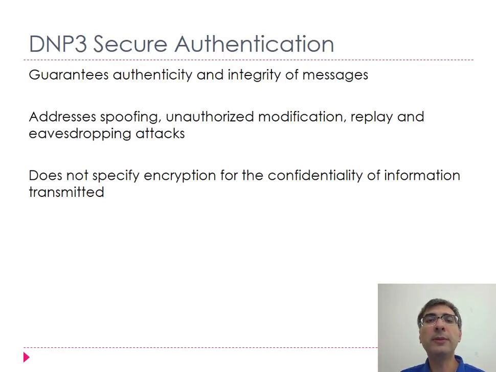What the DNP3 secure authentication doesn't do is specify encryption for the confidentiality of the actual information transmitted. So if, for example, the attacker sees that there are many unsolicited messages coming from, let's say, outstation number 2, then it knows that there is something important happening in outstation number 2, in the area that is covered by outstation number 2.